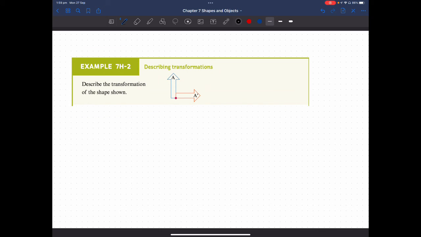In this example, we're asked to describe the transformation of the shape shown from A to A dash. So I've taken the shape and I've rotated it around. I've moved 90 degrees around, so I have rotated 90 degrees.